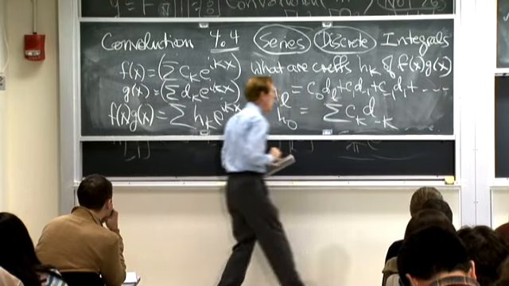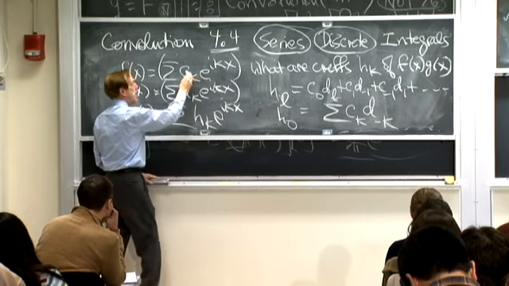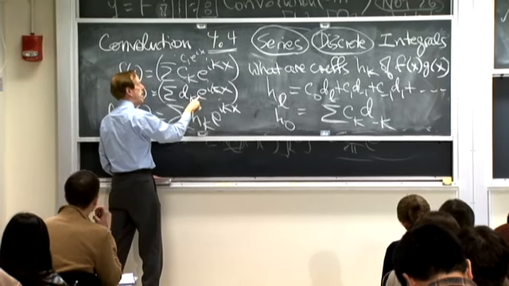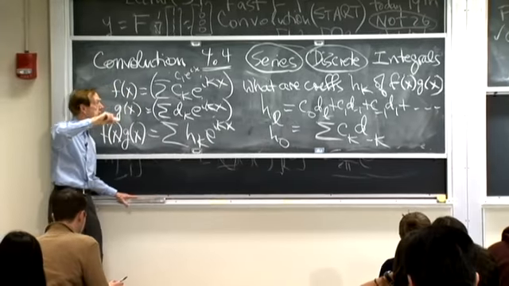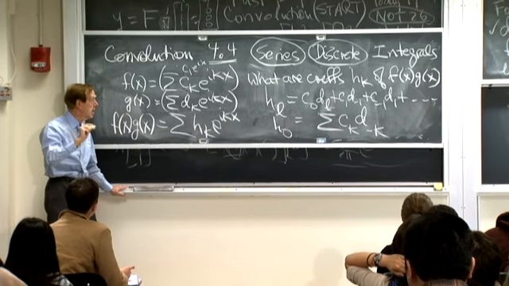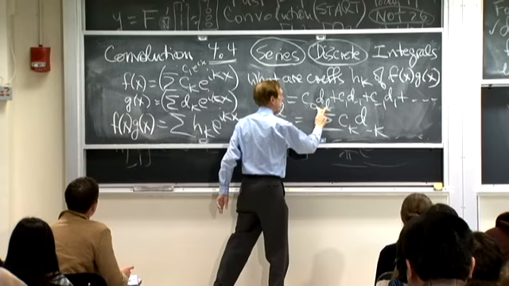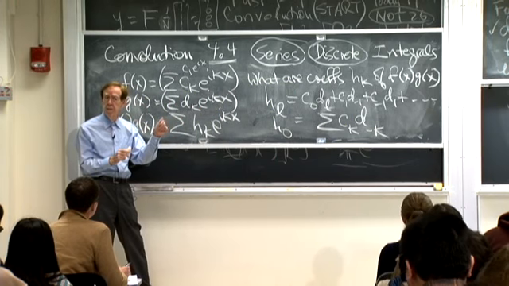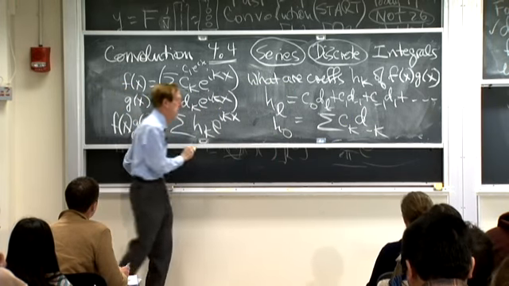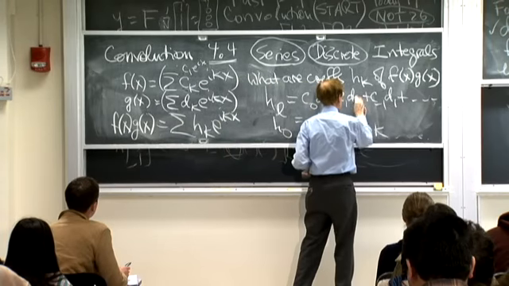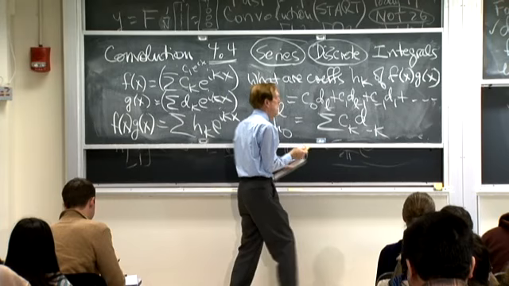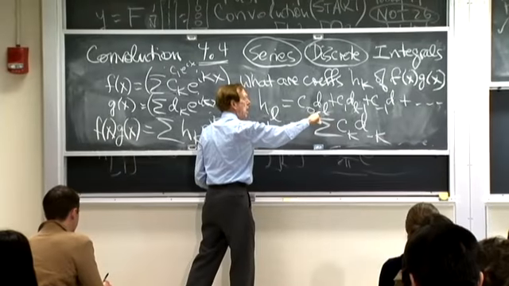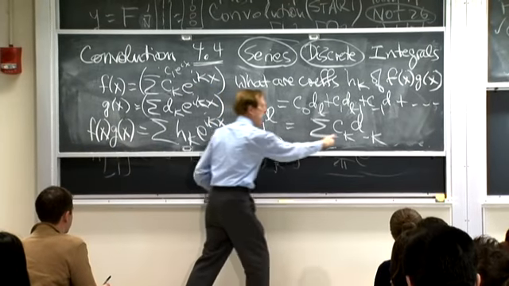And what about for c1? Here I have a c1 e to the i 1x. What does it multiply down here to get the exponential to be e to the ilx? It multiplies d l minus 1. Good, l minus 1, right. And what are you noticing here? C minus 1, I'll have to fill that in. But you're seeing the pattern here? And what was the pattern here?